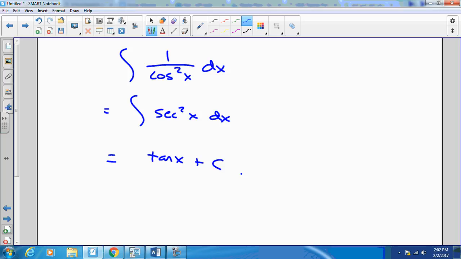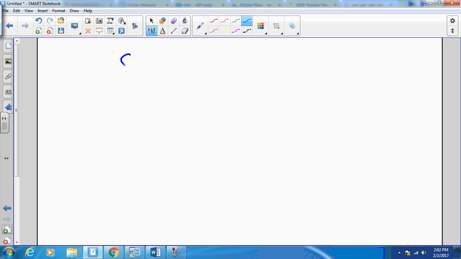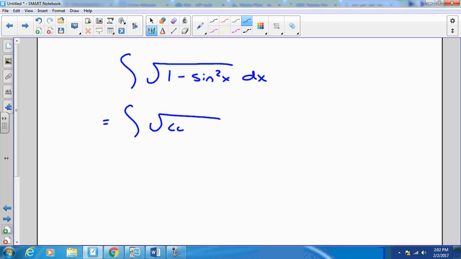And this can happen with really complex stuff. Look at this guy. That looks horrible, doesn't it? But wait a second. How can I rewrite 1 minus sine squared x more simply? Ah! And at least in the first quadrant, what is the square root of cosine squared x?